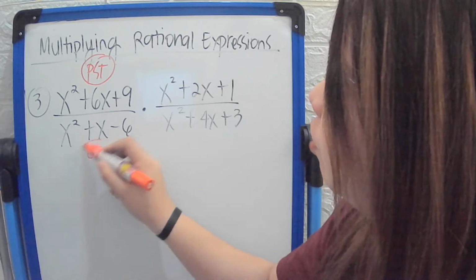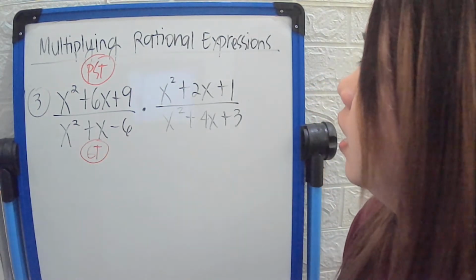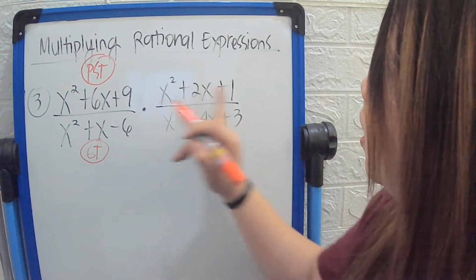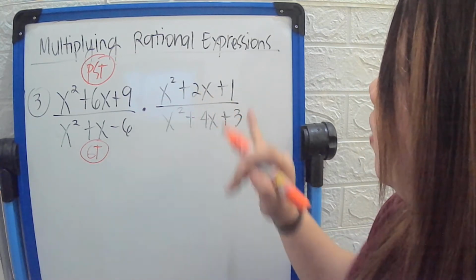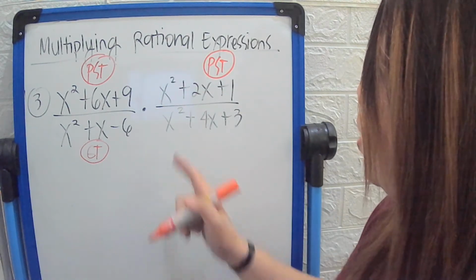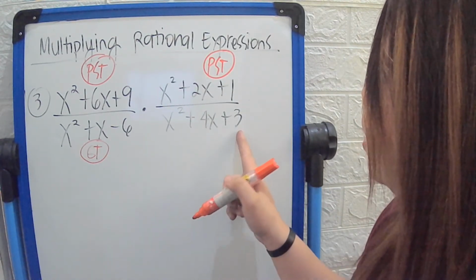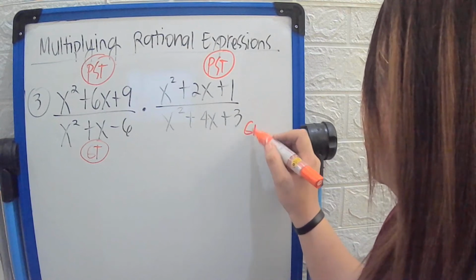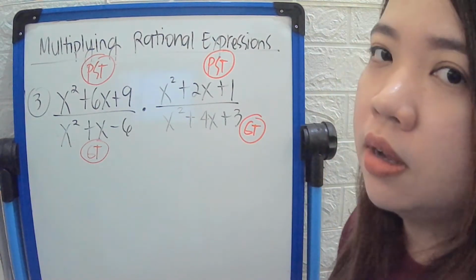So we can apply GT here, general trinomial. For this part, your last term is a perfect square, so we can have PST. Whereas here, 3 is not a perfect square, so this is considered a general trinomial.